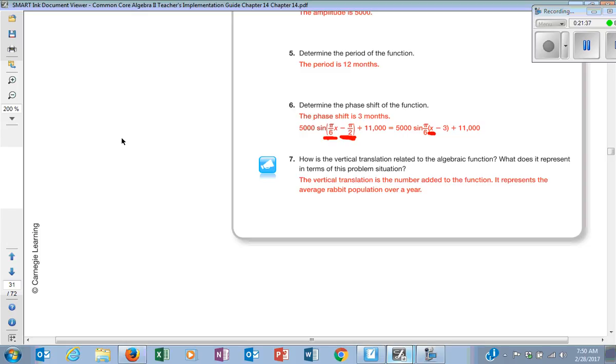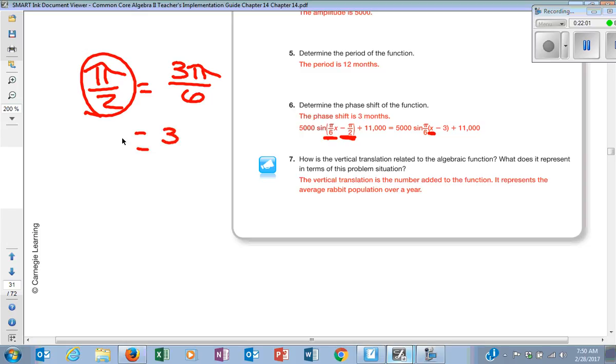And they realize that you can really rewrite pi over 2 using pi over 6. You can rewrite it as 3 pi over 6. Are you with me on that? Because these would cancel, so it's like I'm unreducing this fraction. And then when I rewrite it like that, that really could mean 3 times pi over 6. Do you guys see how I did that?